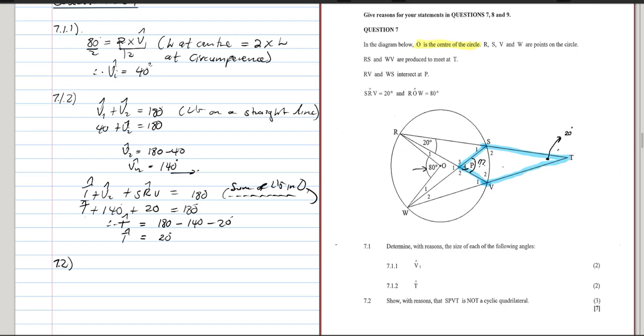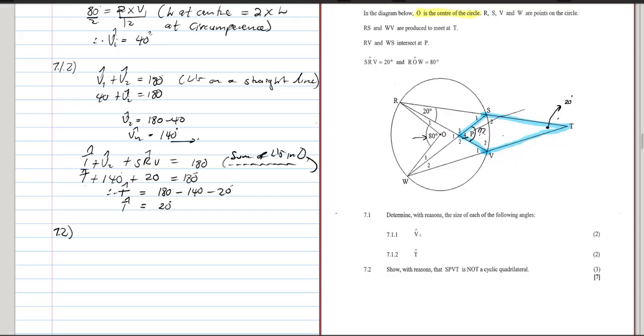You can see that 80 degrees when added to the 20 degrees is not giving us 180. The opposite angles in a cyclic quad should add up to 180. So if P4 and T, when added, don't give us 180, it's not a cyclic quad. That's the idea with this. But first we'll have to calculate P4.